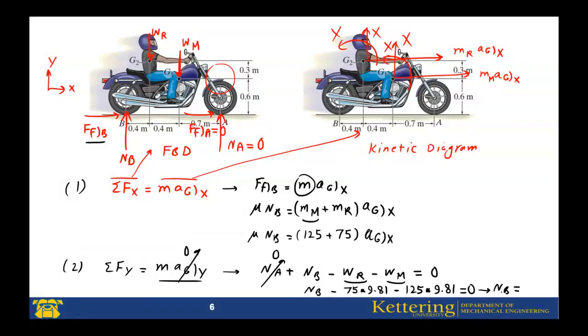From this, let me calculate. 1962 Newtons. Now we have this. We need one more equation to find this and this.